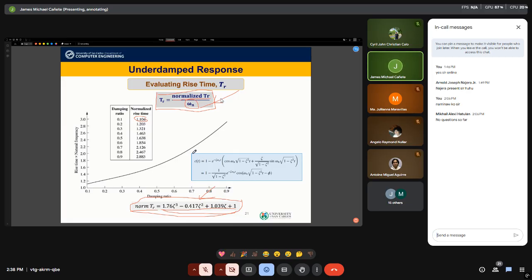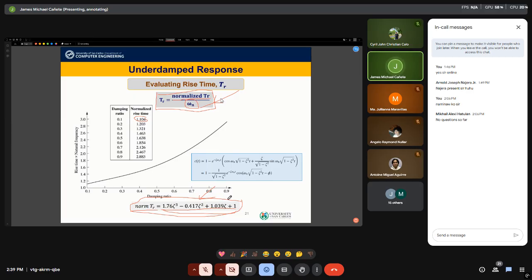Instead of using this one, this highlights where your normalized rise time comes from based on zeta. The procedure is simple. If I describe the procedure as simple, but getting the actual value or getting the overall form of the equation into an easy to use manner is non-trivial. It's difficult. So what we will do is use the shortcut.